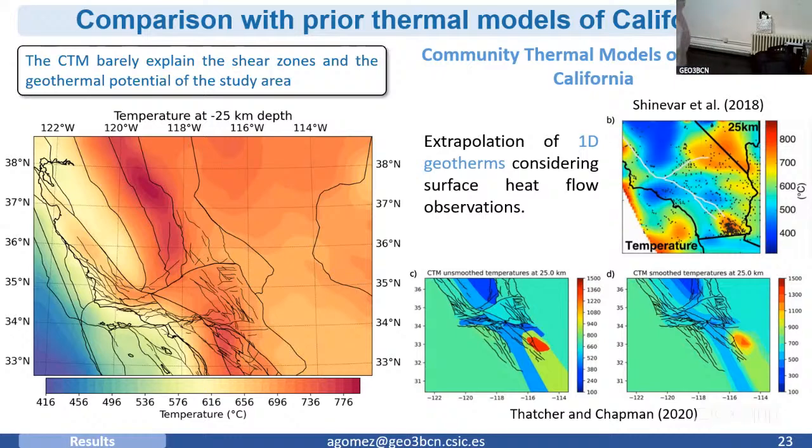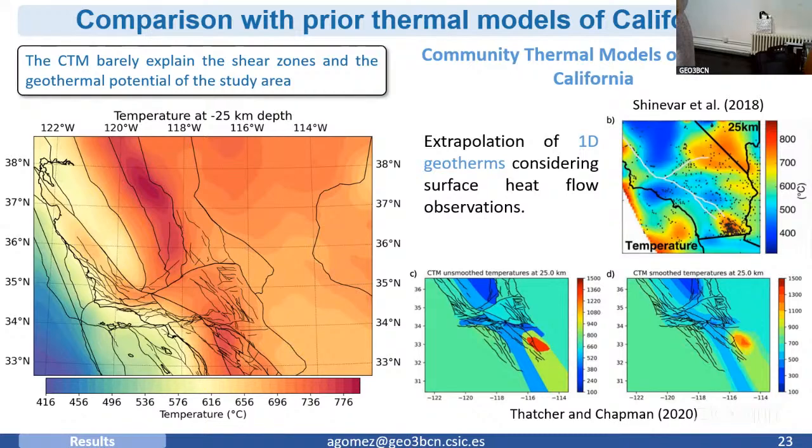However, as you may recall from previous slides, we are talking here about broad shear zones, let's say high rates of off-fault deformation. How can we explain this off-fault deformation and shear zones with such cold temperatures? With these cold temperatures, one would expect rocks deforming in a more brittle way.